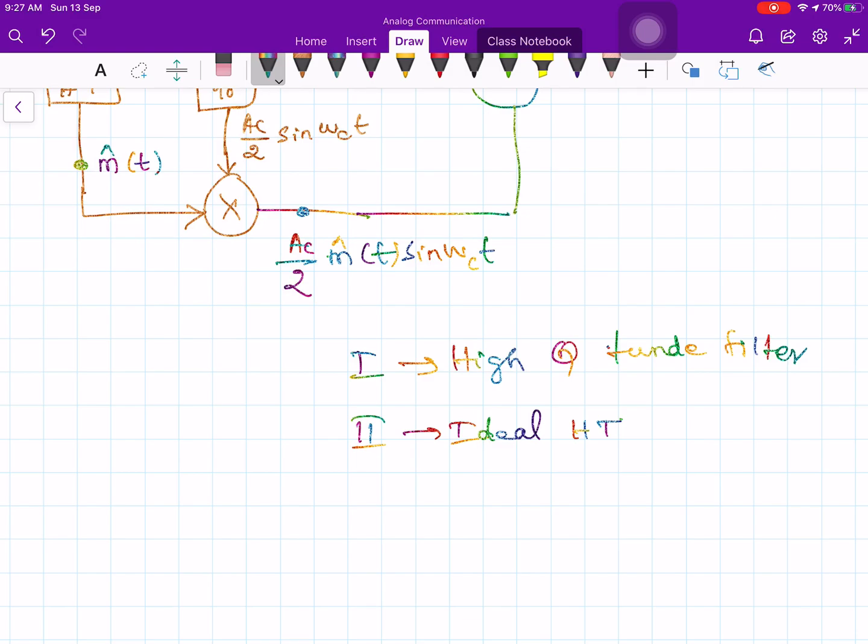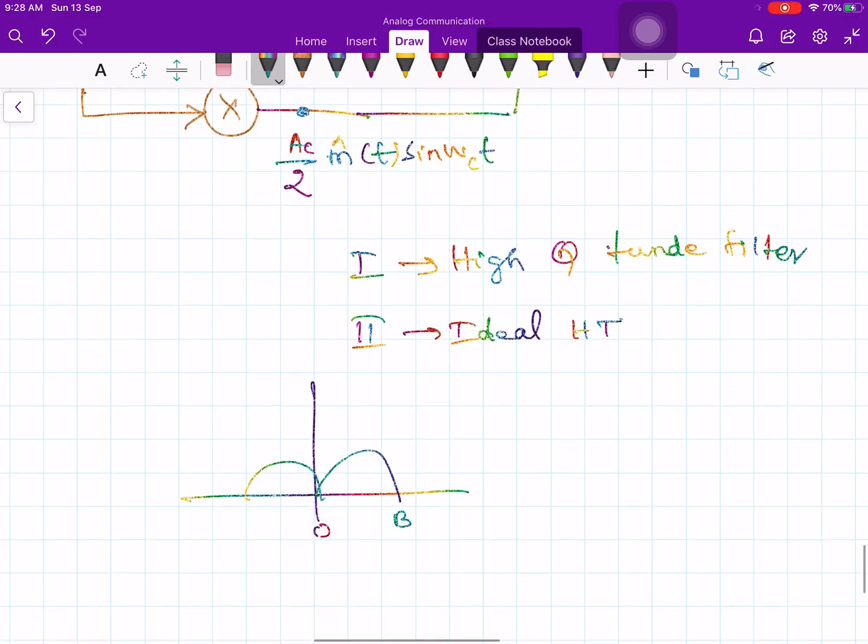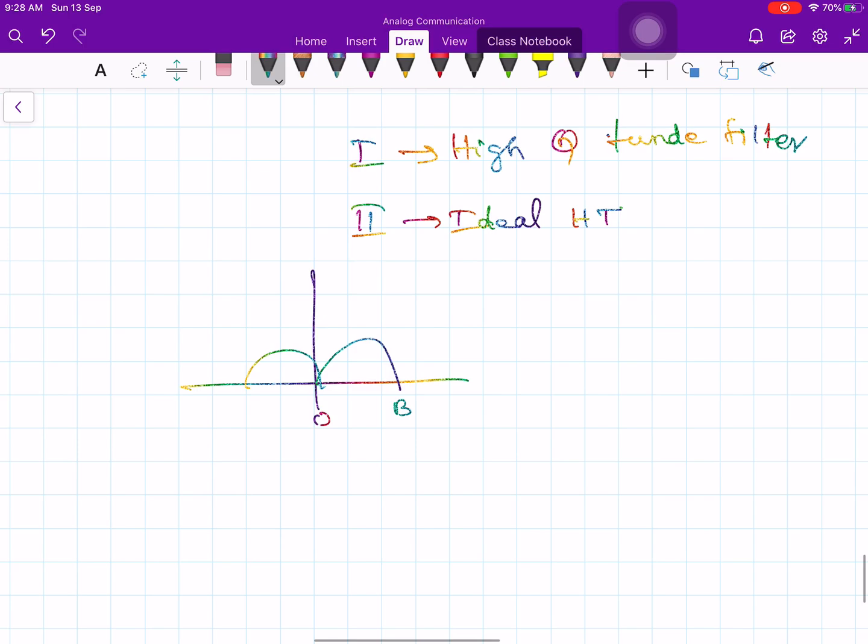Remember, an ideal Hilbert transformer will have to effect a phase shift of minus 90 degrees for each and every component in the bandwidth of the message signal, starting from 0 hertz up to B hertz. For example, this is your message signal, from 0 to B hertz. Such an ideal Hilbert transformer is also not easy to visualize.